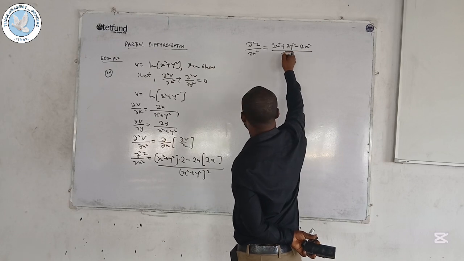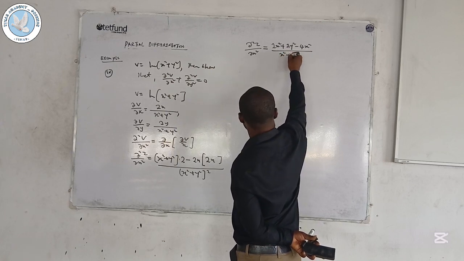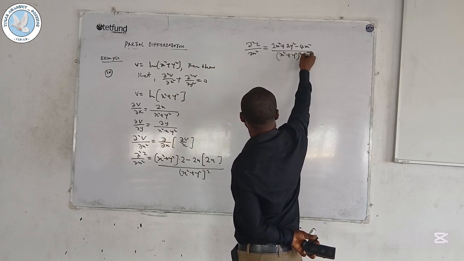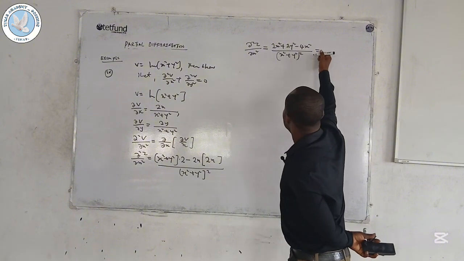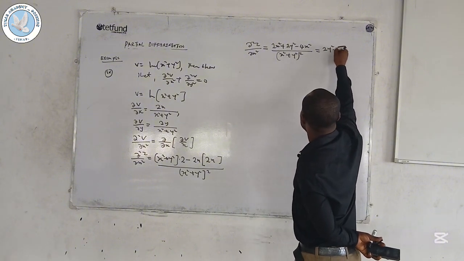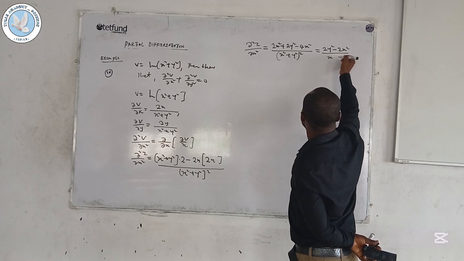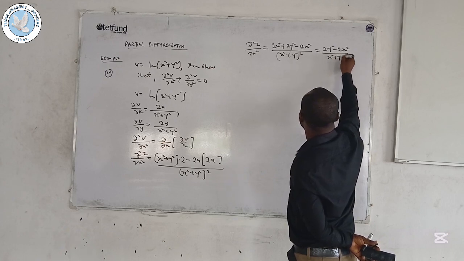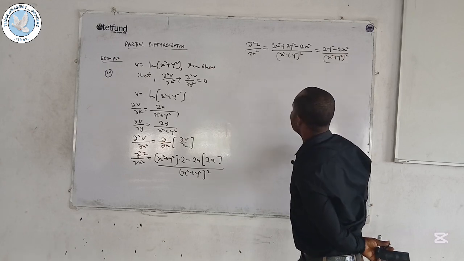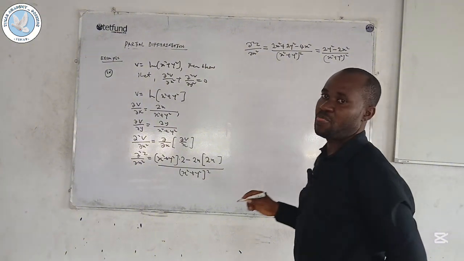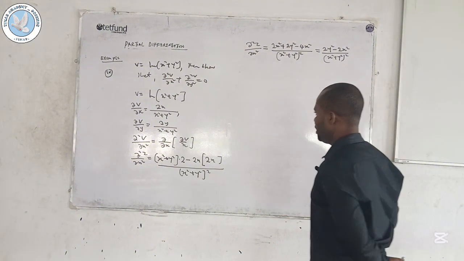All this divided by this plus this squared, and the answer is giving us 2y squared minus 2x divided by this and divided by that. So that is the second derivative with respect to x.